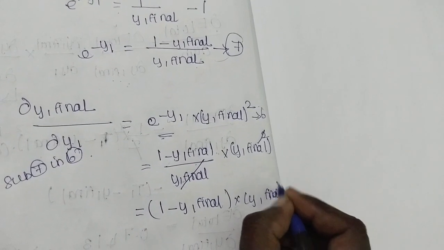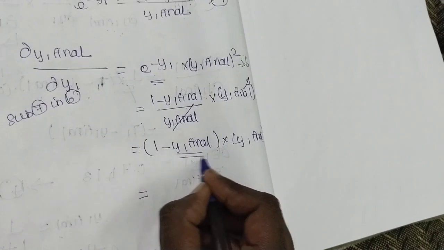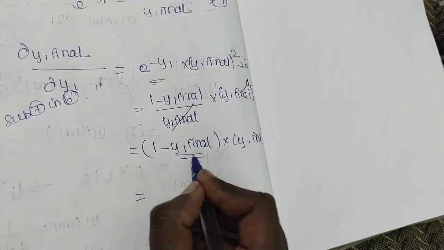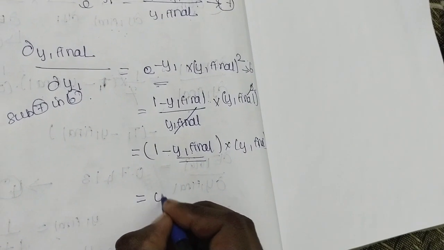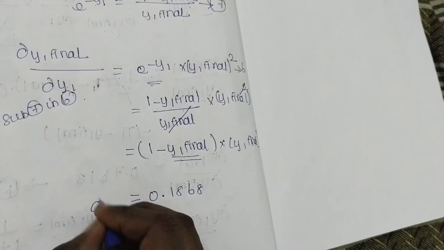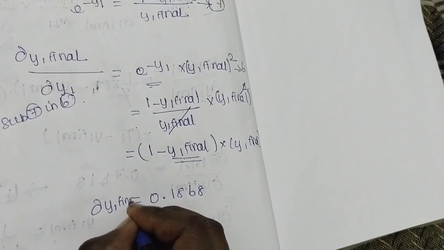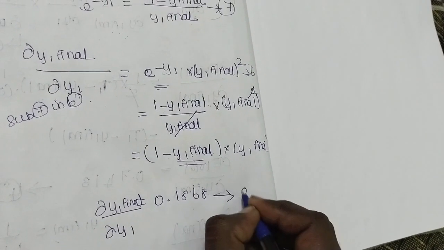Substitute the value for y1 final, which we already got, and you get 0.1868. So this is the value for dou y1 final divided by dou y1. This is equation number 8.